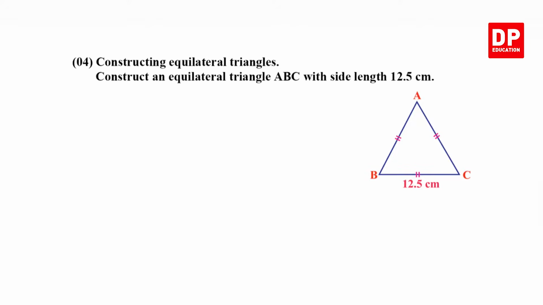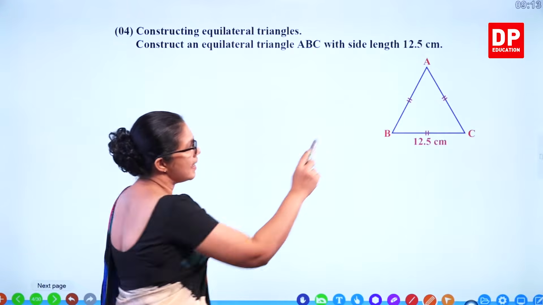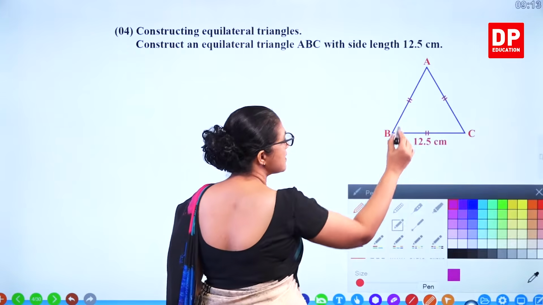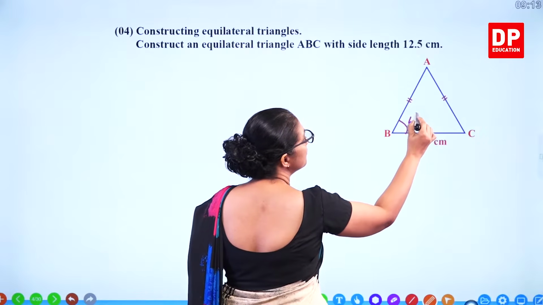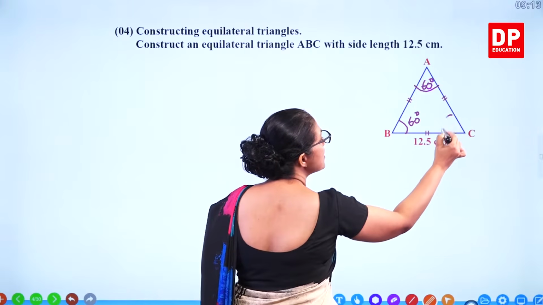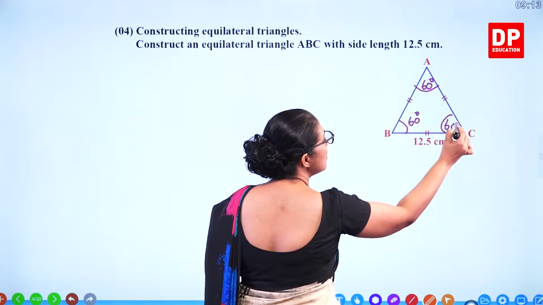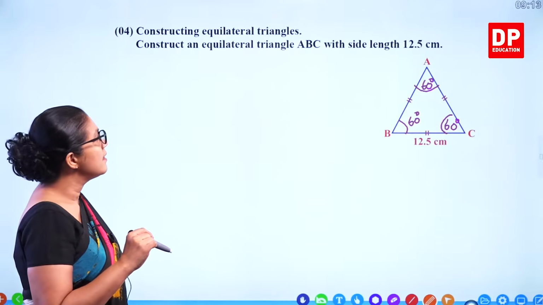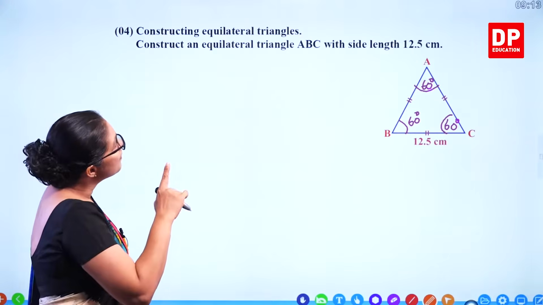Constructing equilateral triangle. So what are the properties of an equilateral triangle? So all sides are equal and each angle is 60 degrees. So we are using the property that all lengths are equal when you are constructing an equilateral triangle. So what's the length given there?